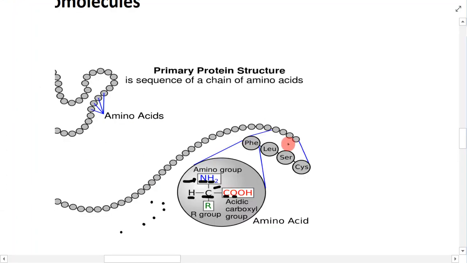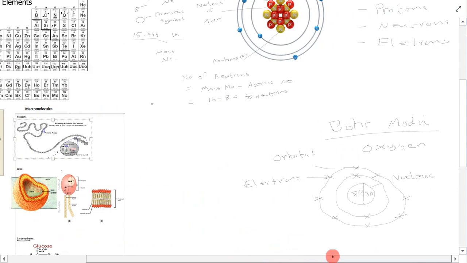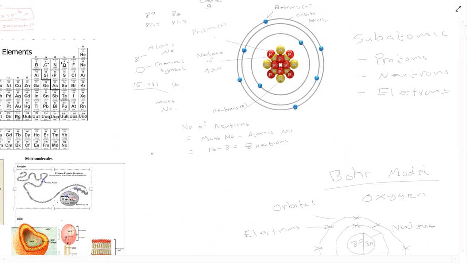So it's really important that scientists understand the arrangement of these subatomic particles, but also what keeps one atom connected to another atom beside it. It's these electrons that keep atoms connected together and give them their structure. We'll talk a little about that in the next lesson.